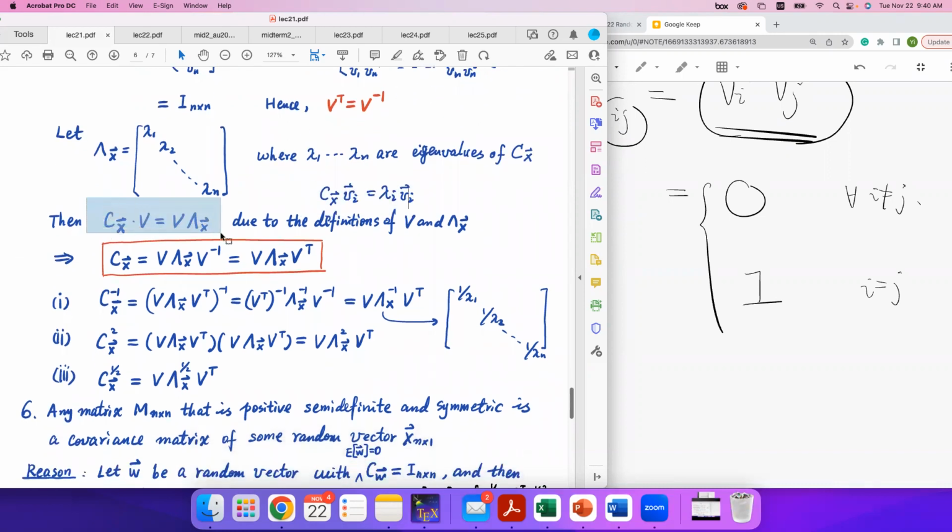With this, we can conclude that the original symmetric positive semi-definite matrix can be rewritten as V times lambda times V inverse. You can move this V to the right-hand side by multiplying by the inverse on the right-hand side.